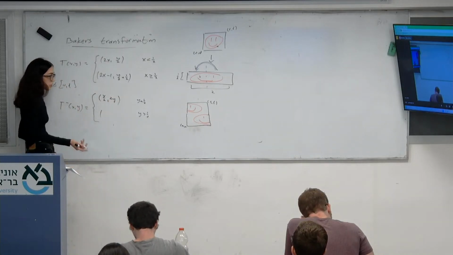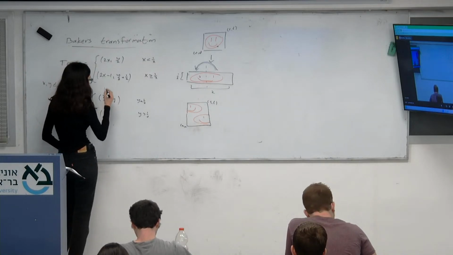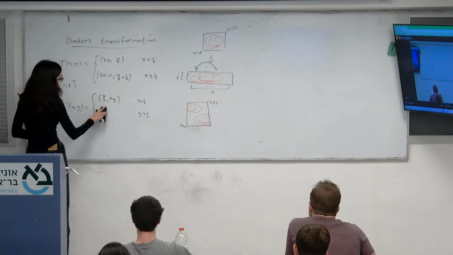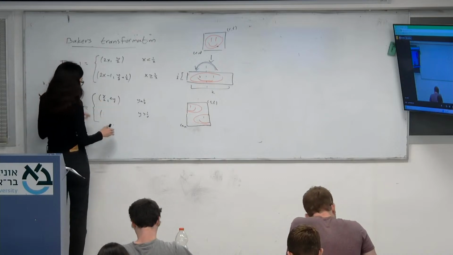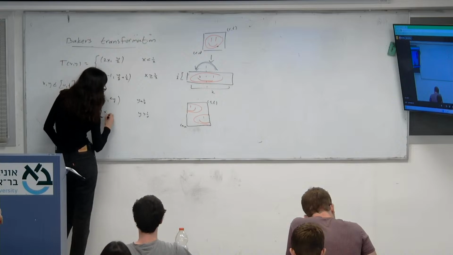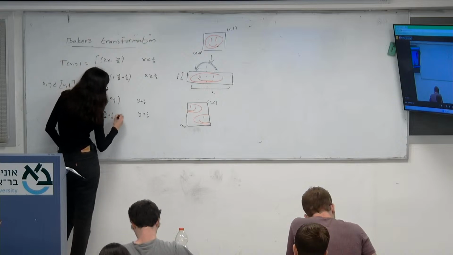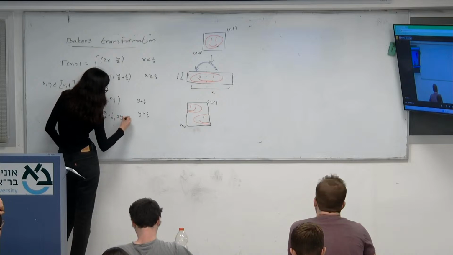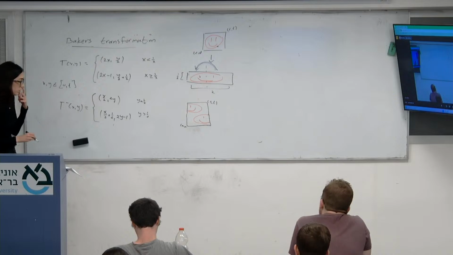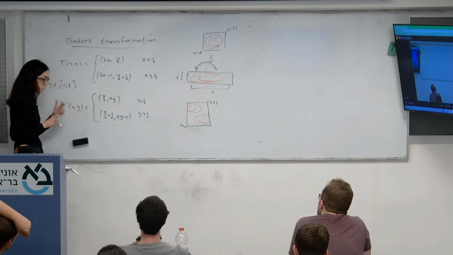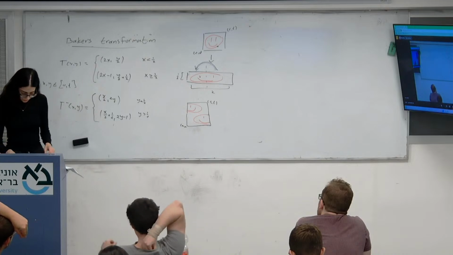And for y larger than half, x goes to x over 2 plus half, and y goes to 2y minus 1. So this is basically equivalent to just replacing the x and y.